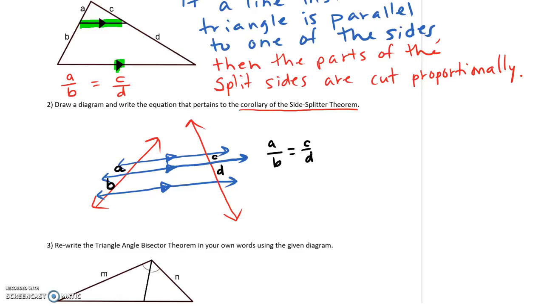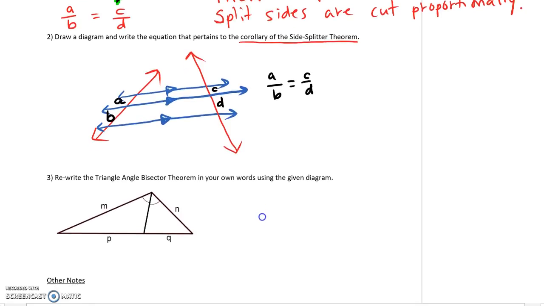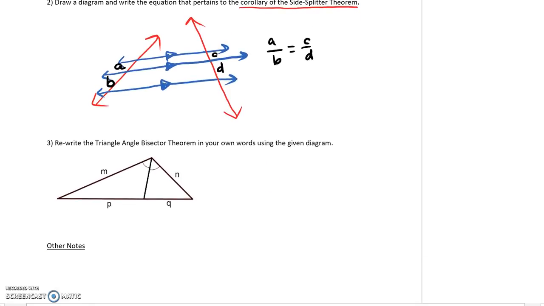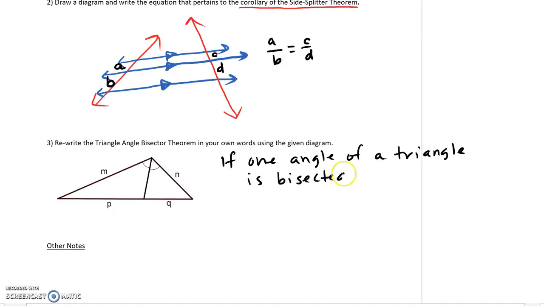Next one, the triangle bisector theorem. Write it in your own words. Okay, if one angle of a triangle is bisected, so that means cut perfectly.